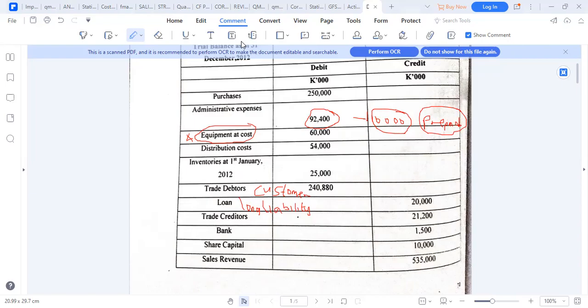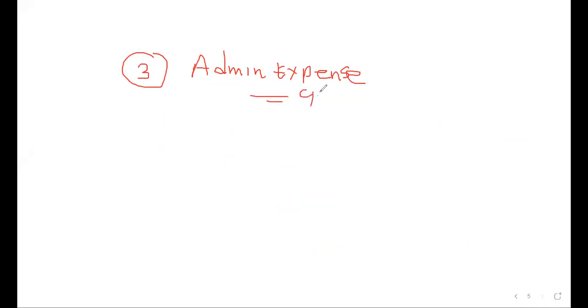Working three, admin expense: how much did we pay for admin expense? Admin expense was 92,400. Within this amount, there was an overpayment.